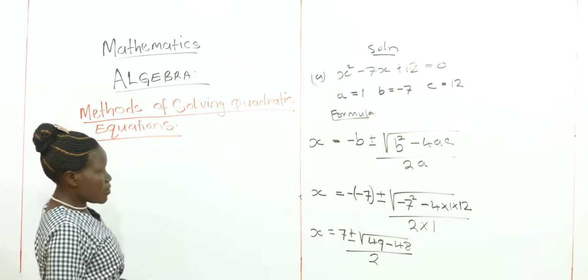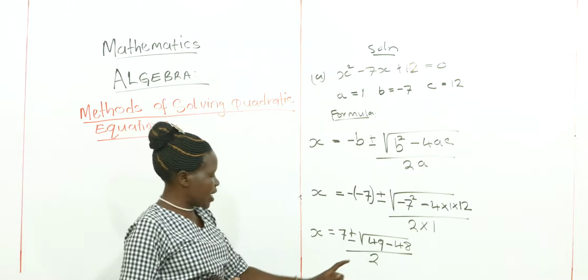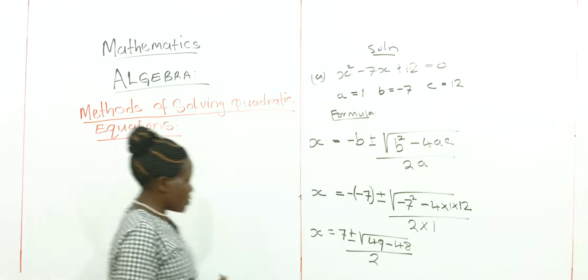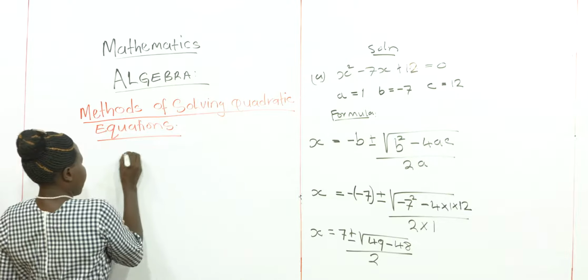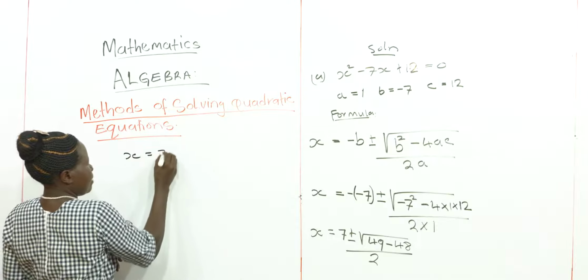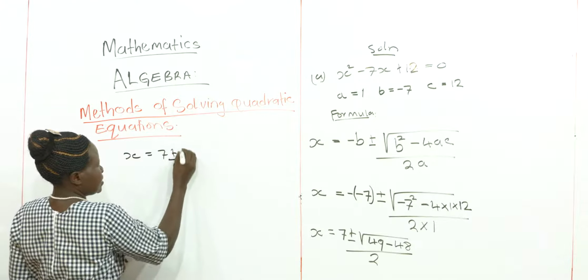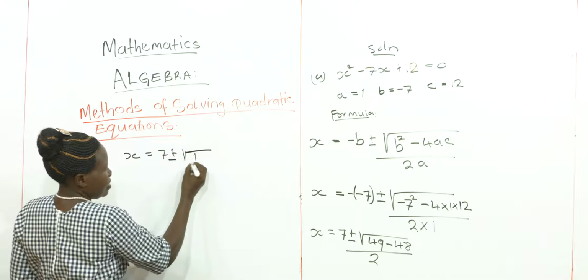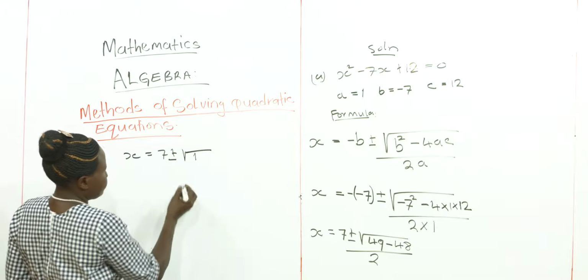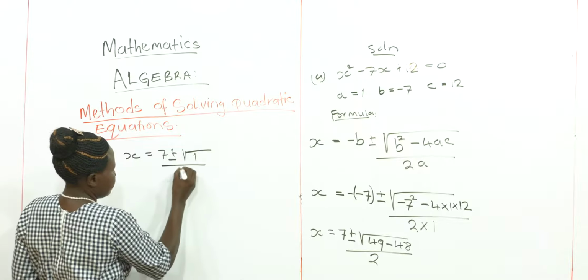Then from here, when we simplify, we get 1. So we shall have x equals to 7 plus or minus a root of 1, out of 2.